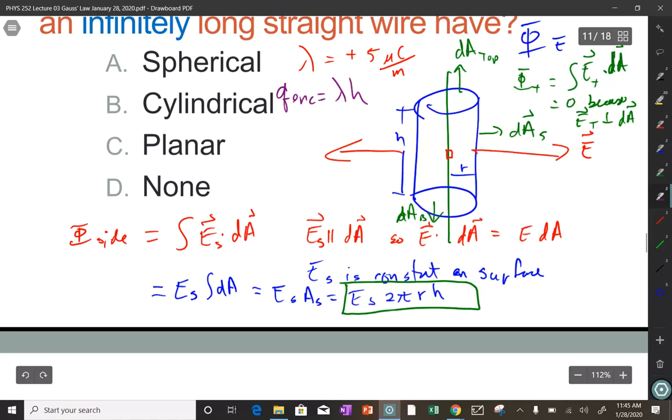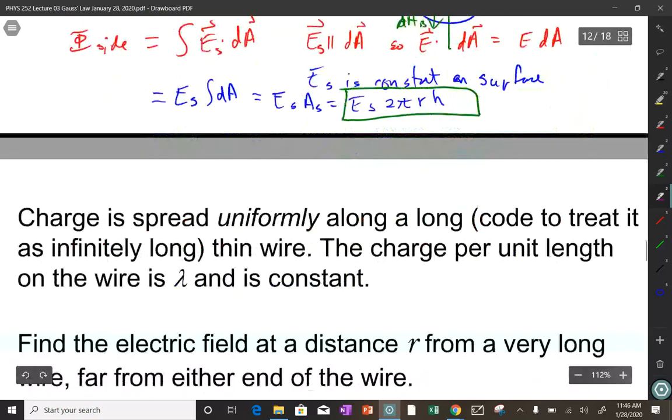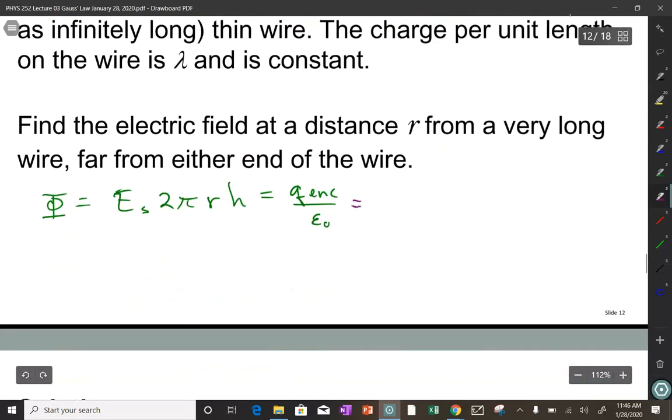So the h is in my flux, but I said the h can't matter. Now it's in my charge enclosed as well. All that's left is to solve for the electric field E. Epsilon 0 is a constant, the permittivity of free space.